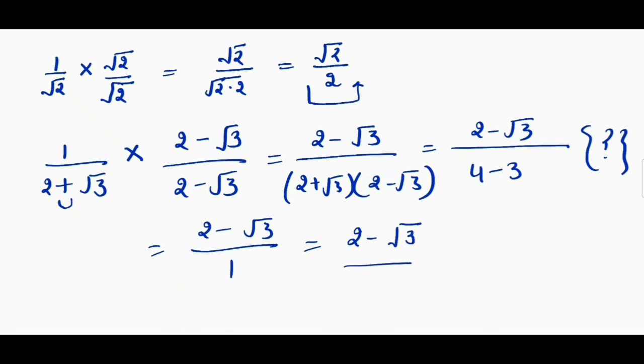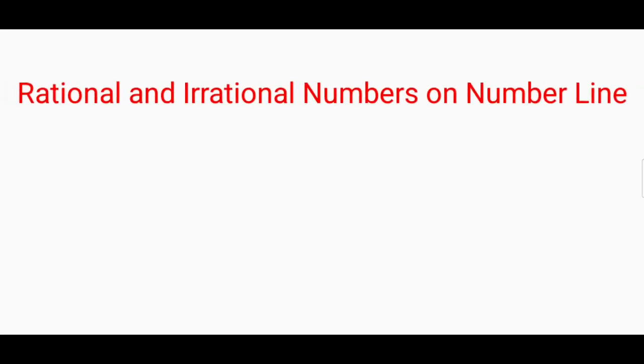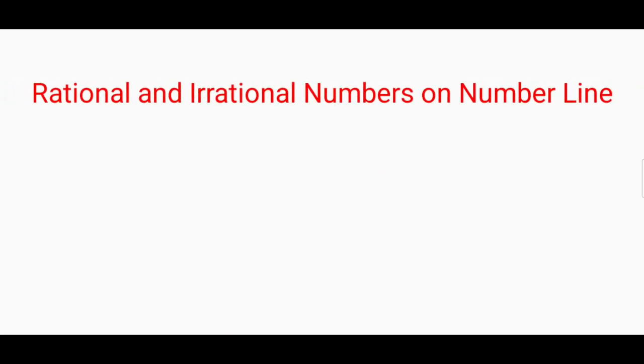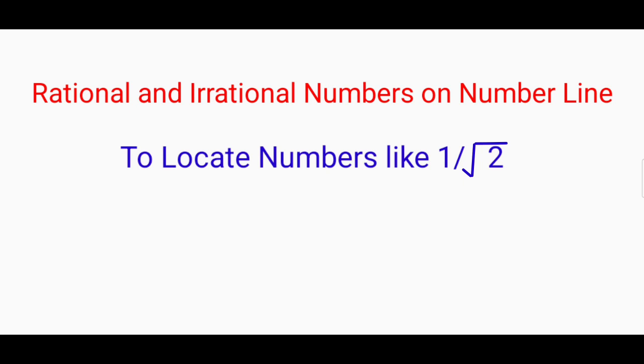So here the question arises: why do we need to rationalize numbers like 1 divided by square root of 2, or 1 divided by 2 plus square root of 3? We know that we can represent all rational and irrational numbers on the number line. But for numbers like 1 divided by square root of 2, it is not easy to locate them on the number line.